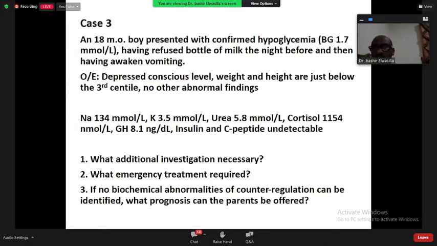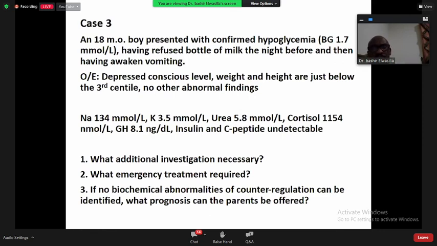Sodium is 134 millimole per liter, potassium 3.5, urea 5.8, cortisol 1,154, and growth hormone 8.1. As you know, cortisol here, 1,154, is high, more than 550, and growth hormone is normal because it is more than 7 nanogram per deciliter. Insulin and C-peptide are undetectable.